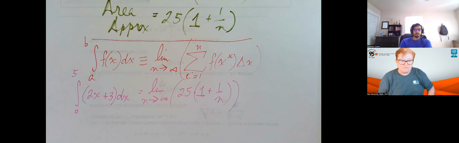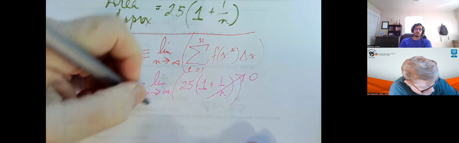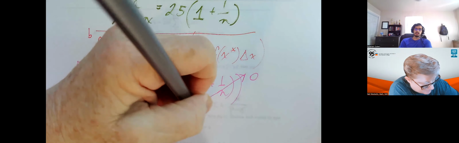Can we easily take our limit now? Yeah, very good. So we just get 25 times 1, which is 25.